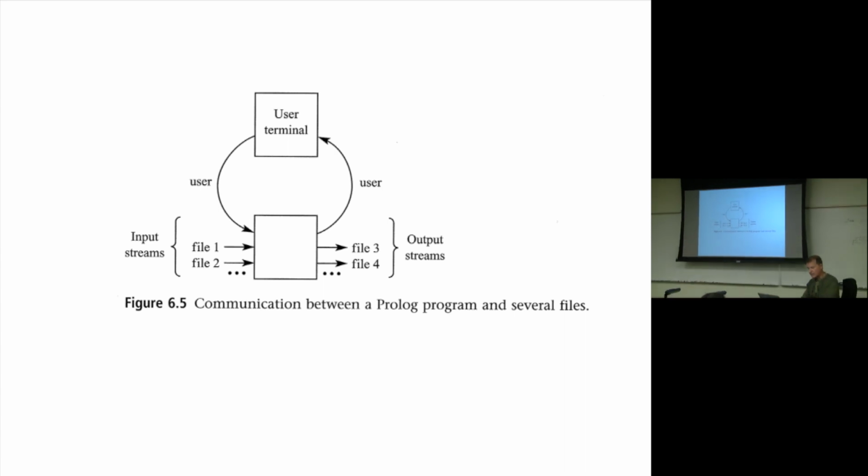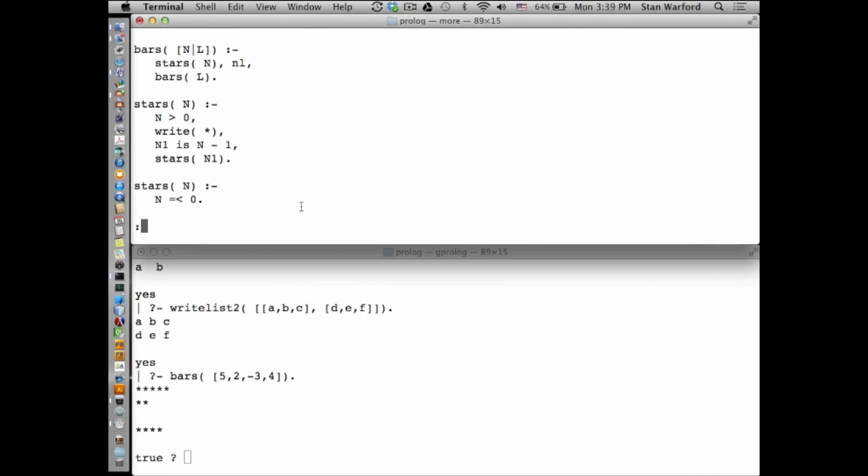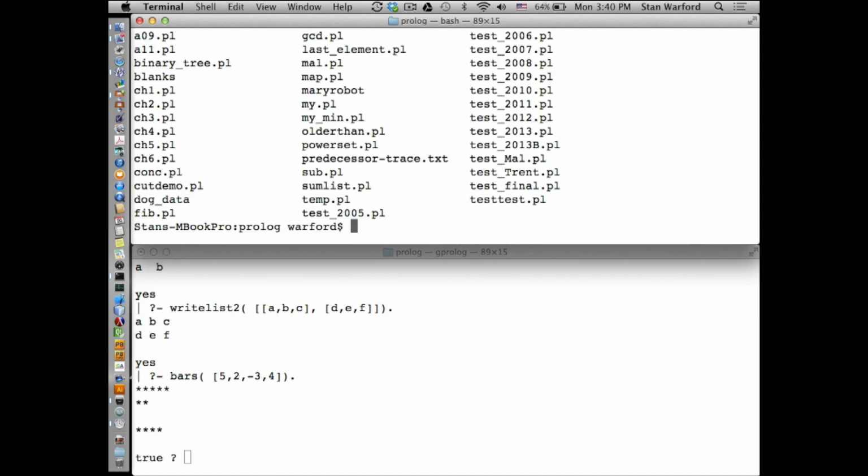Now, to show how this works, let's come back up here to our top panel, and let's quit more. And there is a file up here. Do you see it? It's called dog data, right here.